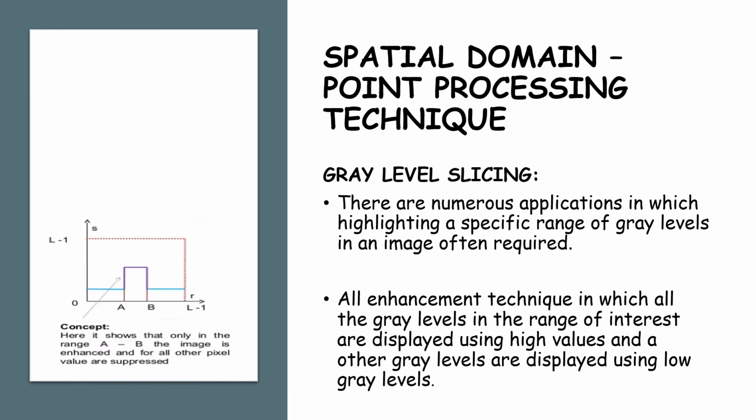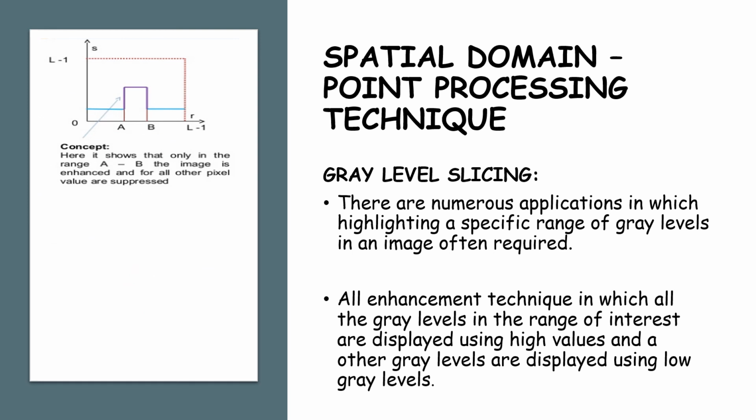Now we have the first diagram, or you can say the first approach, where all the gray levels in the range of interest are displayed using high values. The corresponding transformation function is shown in the picture and results in a binary image.